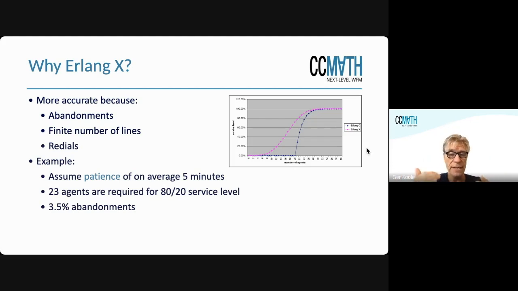Under Erlang X, if you're a little bit understaffed, well, you might have a high abandonment percentage, but still, sometimes the queue empties and you have a positive service level. In purple, you see Erlang X, which is higher, which also means that you staff less to get a certain service level.